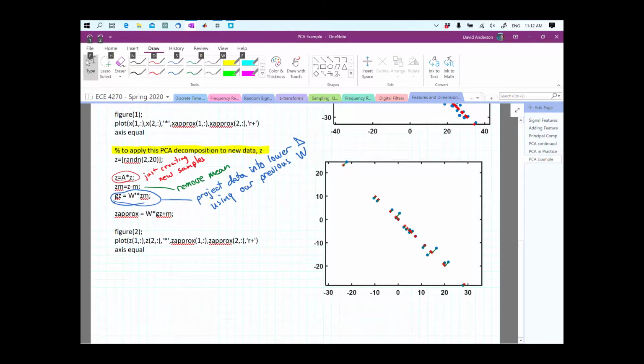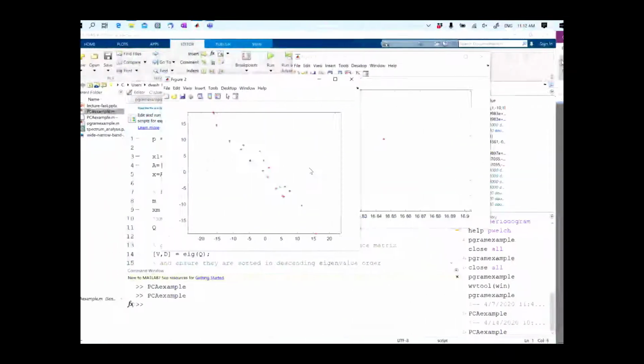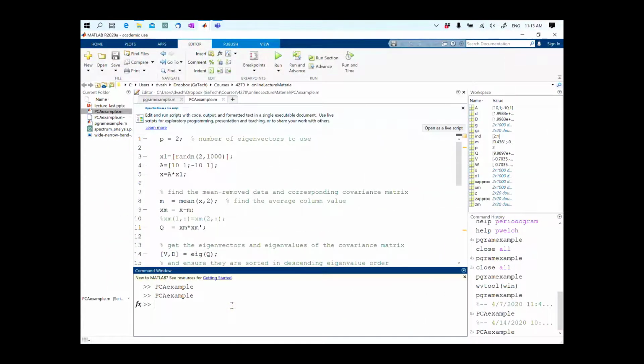I did PCA in this example using just the basic analysis commands that I've shown you. The only thing I used canned routines for was finding the eigenvalues and eigenvectors. But you can also do, let's see, doc PCA.